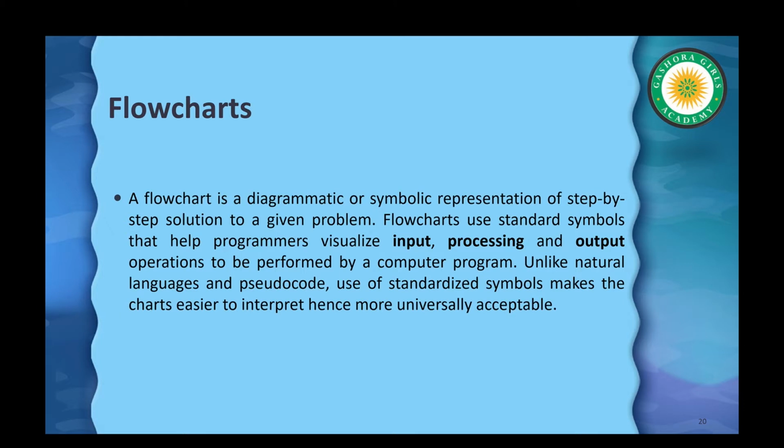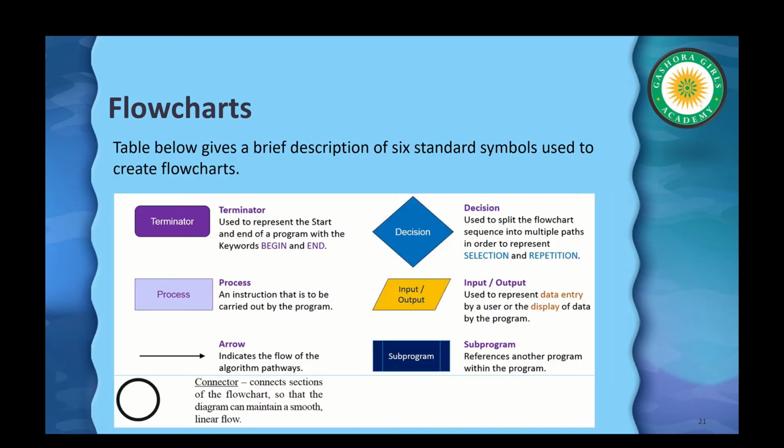So with the flowchart, the program or the step-by-step instructions are clearer compared to pseudocode or natural language. This table shows the symbols that are used to create a flowchart.